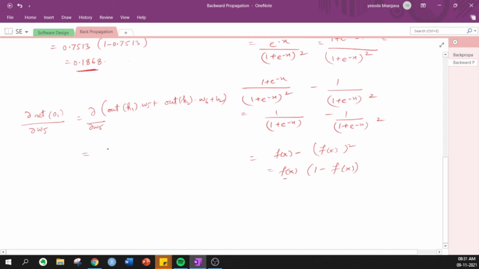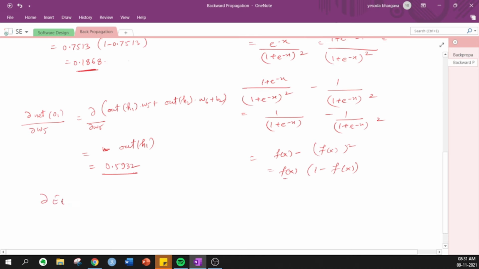So this comes out to be output of H1. So this value is nothing but 0.5932 as we had computed.